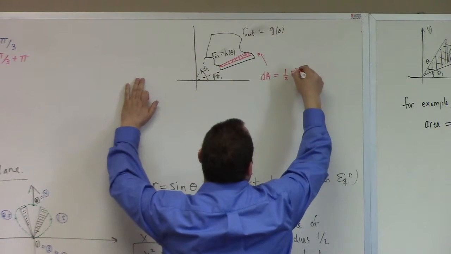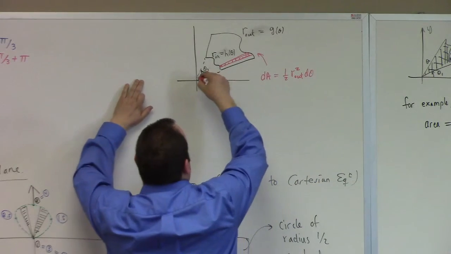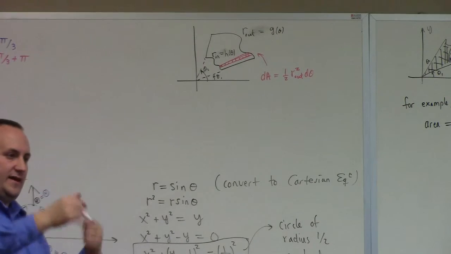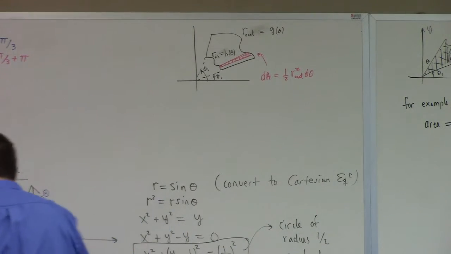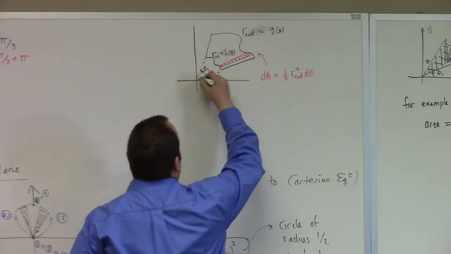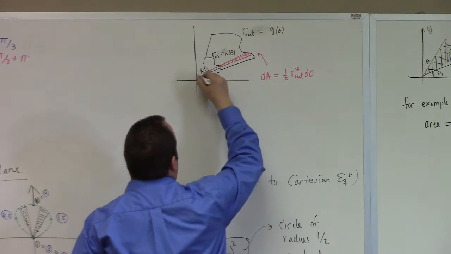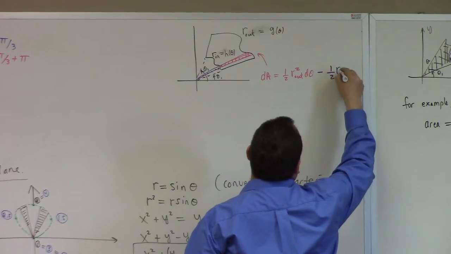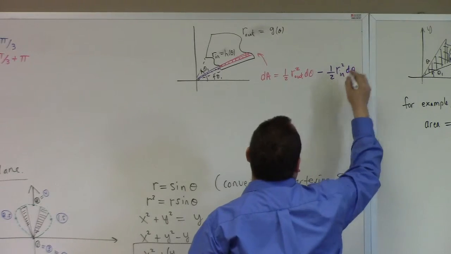That would be the area of, let's say, the whole thing, right? And then I have to subtract the area that's missing, which is the r in area. I have to subtract this area, to be fair. So minus 1/2 r in squared d theta.